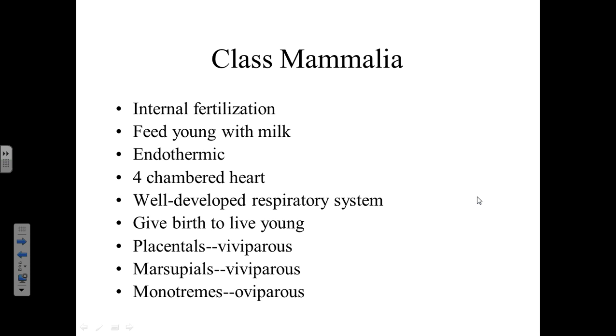That's a pretty good adaptation. Endothermic. Four-chambered heart like the birds. A really good respiratory system. They give birth to live young, and usually the word for that is viviparous. We talked in class today that anytime we see viv or v, it means live. So give birth to live young.